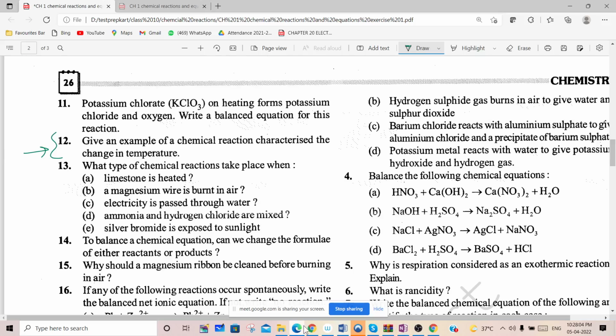Now, next question I'm giving you. Limestone is heated. I think the question is very simple. Limestone is CaCO3. Upon heating, it will give you CaO plus CO2. Got it?